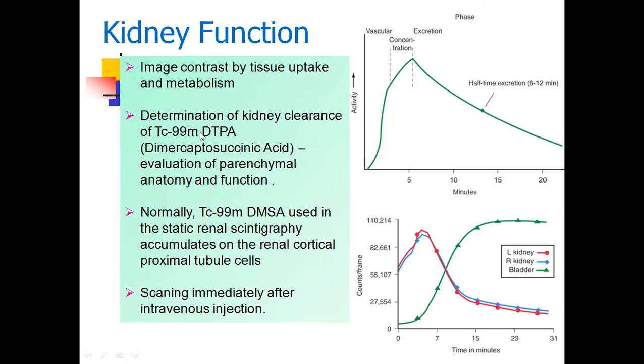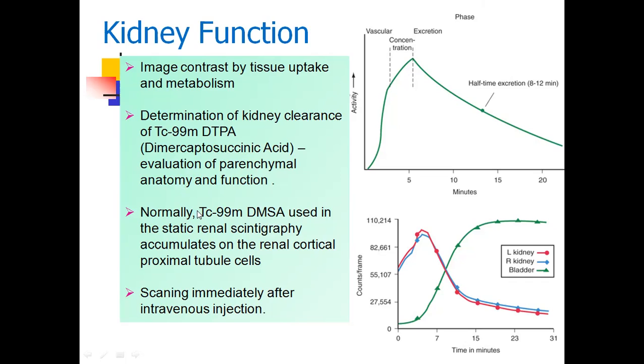Usually, a radioactive tracer, a radioactive isotope of technetium, is bound to a special molecule. In this particular case, it is bound with a molecule of dimercaptosuccinic acid, which will deliver our radioactive tracer to kidneys.